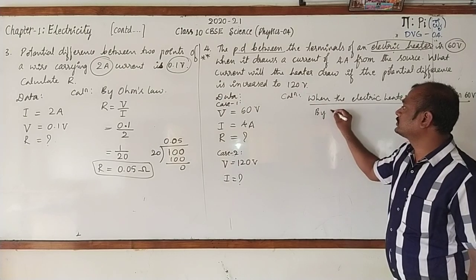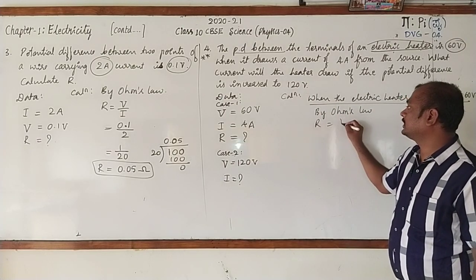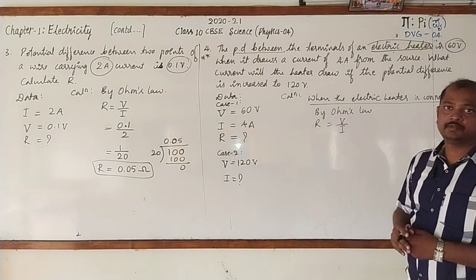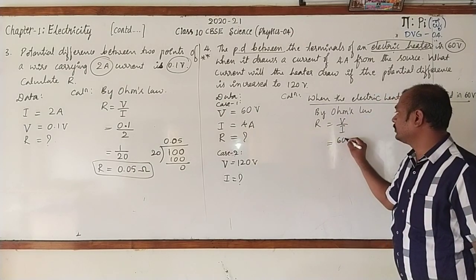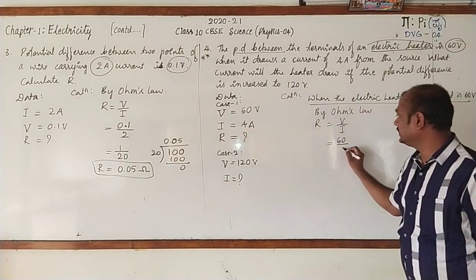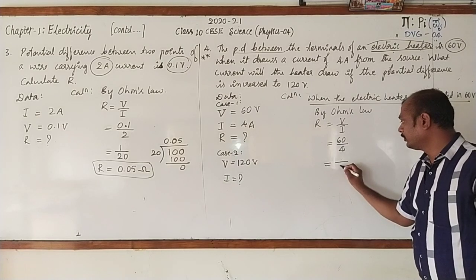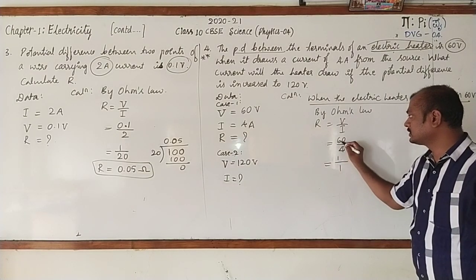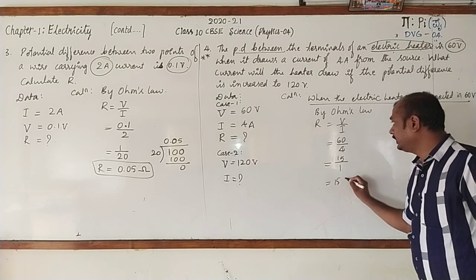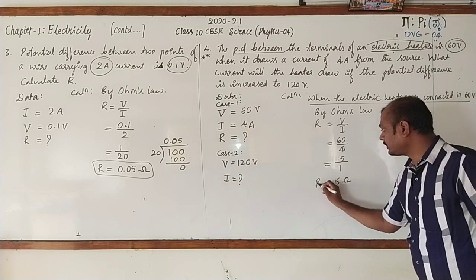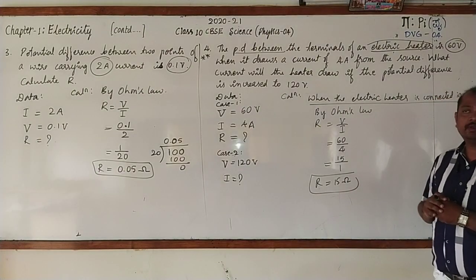So by using Ohm's law, we can write R is equal to V by I. Then what is V? V is 60 volts. Current, it is 4. You can cancel it by 4. 4 ones are 4, 4 ones are 2 will remain 20, 4 5s are 15 ohm.